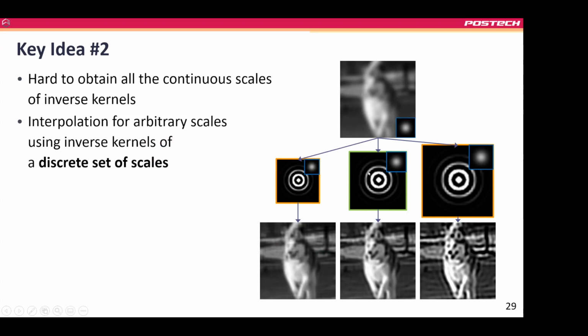But we approximate this scale by interpolating this small scale and large scale. And here, this example shows that this is a result of applying this inverse corner to this one, and we obtain this one. Then by applying this inverse corner to here, then we obtain this one. Then by interpolating these two images, we can obtain the result of applying this inverse corner to this one.